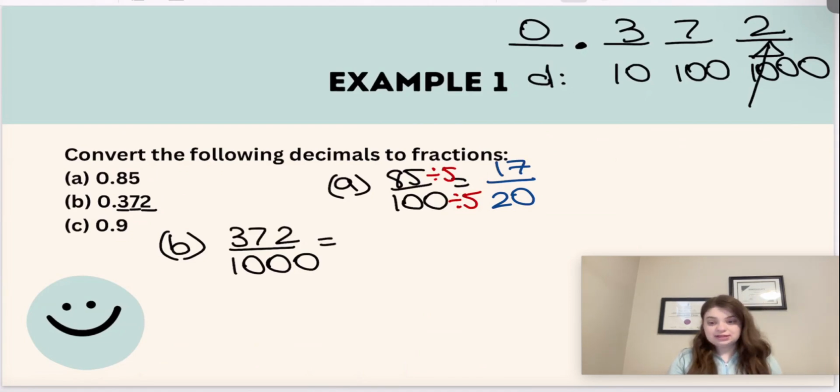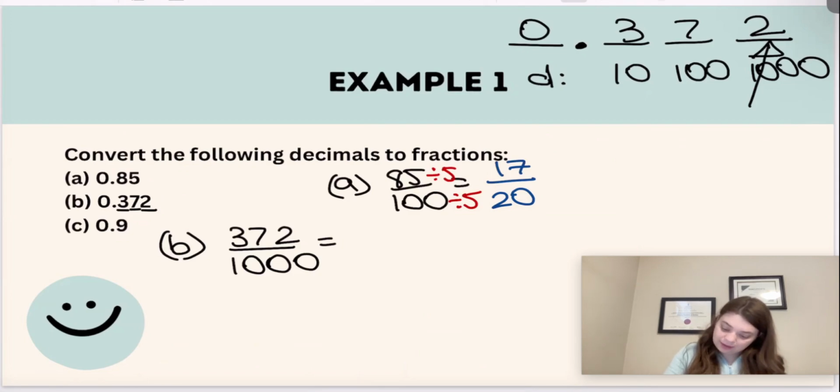Now, can we reduce this? I would say yes, we absolutely can. And here's how I know. I notice that the final digit of the numerator is a 2 and the final digit of the denominator is a 0. And recall that numbers are even, meaning they're divisible by 2, if they end in 0, 2, 4, 6, or 8. Both of these do, so we can divide by 2.